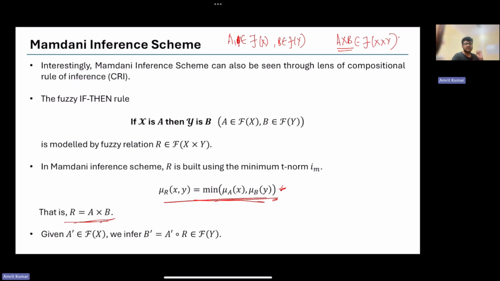So in Mamdani, instead of building our fuzzy relation R using a fuzzy implication, I'm using the minimum operation to build it. And it turns out when you do that, R is nothing but the Cartesian product A cross B. So instead of taking the outer product of A and B, you are just taking the Cartesian product. Then let us infer the output fuzzy set B dash given the input fuzzy set A dash.